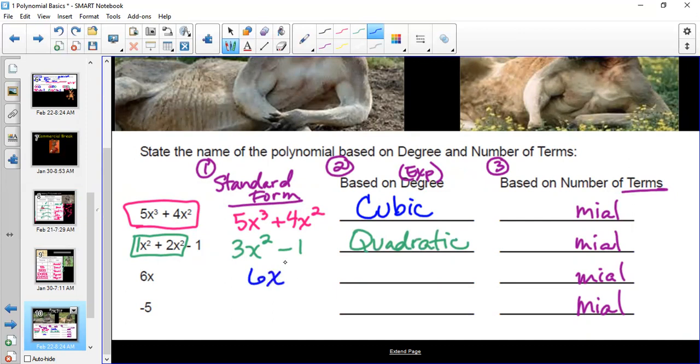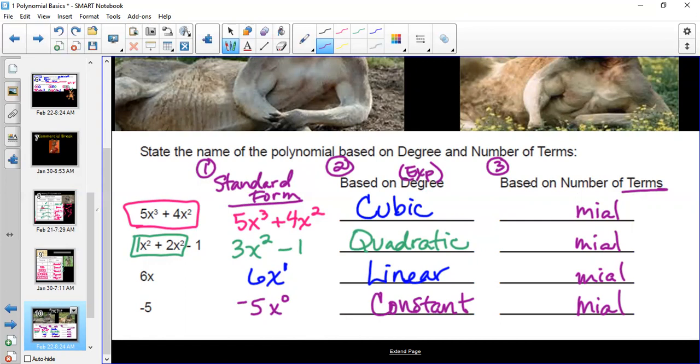Remember that has the exponent of 1 there, and that would be a line if I graphed it. It's a linear function. And the last one is -5. Technically it's x to the 0 power, so this has a 0 exponent or 0 degree. This one is called a constant. Okay, so that is them based upon their degrees.